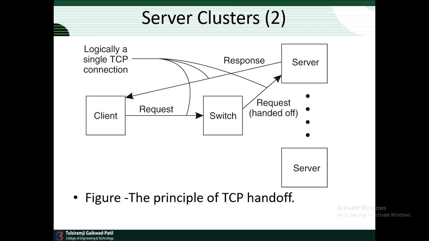In the case of transport layer switches, the switches accept the incoming TCP connection request and hand off such connections to one of the servers. The principle working is what is commonly known as TCP handoff, as shown in this figure.